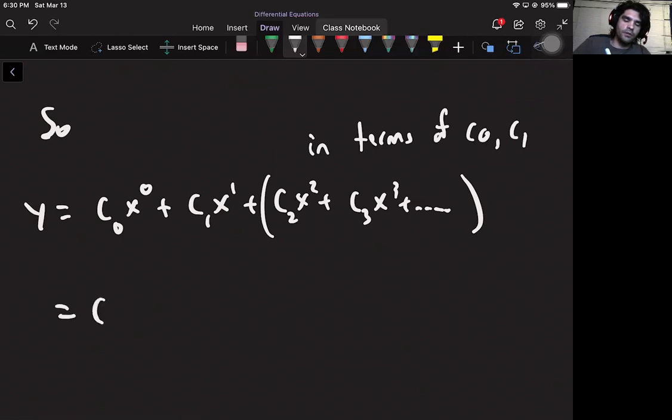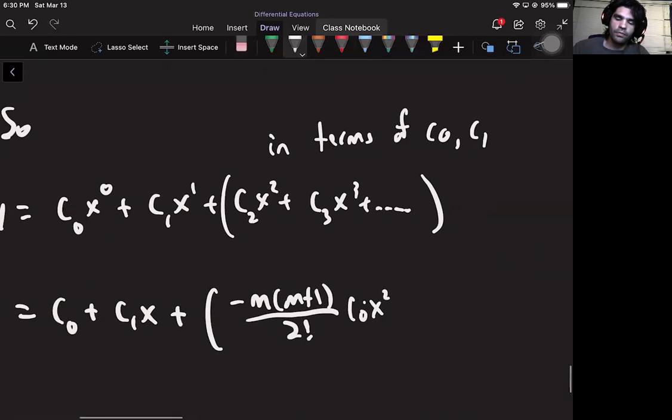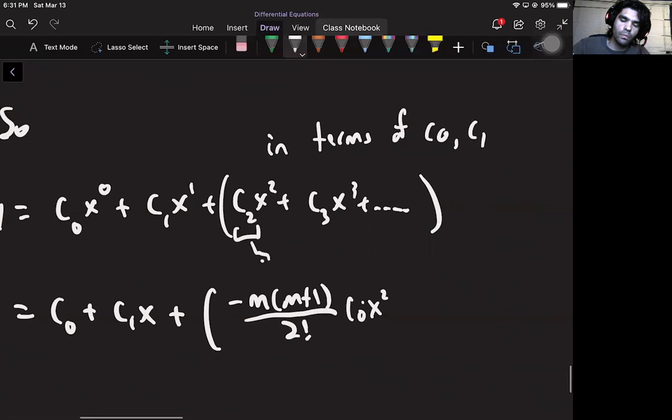So this will be C0 plus C1x plus, and now we've established what C2 is. So C2 was negative m times m plus 1 over 2 factorial times C0. So that's what C2 has become.